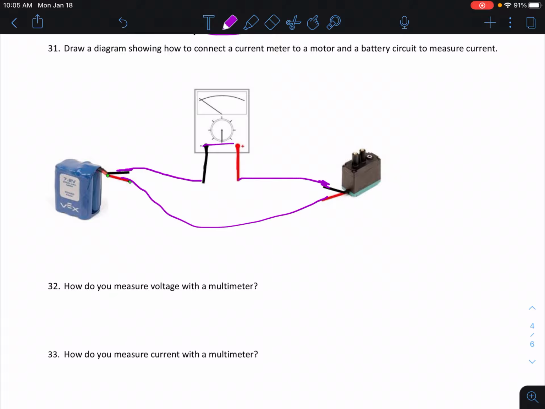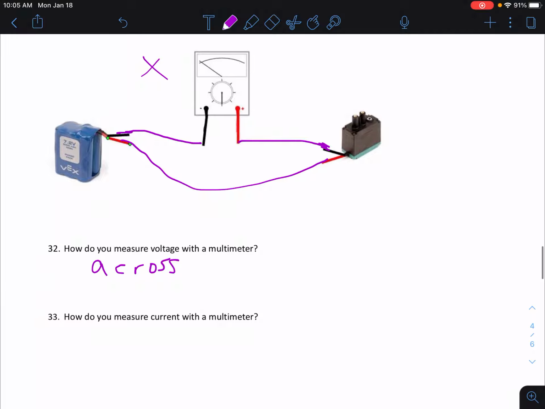There's a wire connecting one side of the meter to the other side of the meter. So measuring voltage, we measure across the circuit. And what we just did, number 31, we were measuring the current, and you measure the current through the meter. In other words, we make the meter part of the circuit.